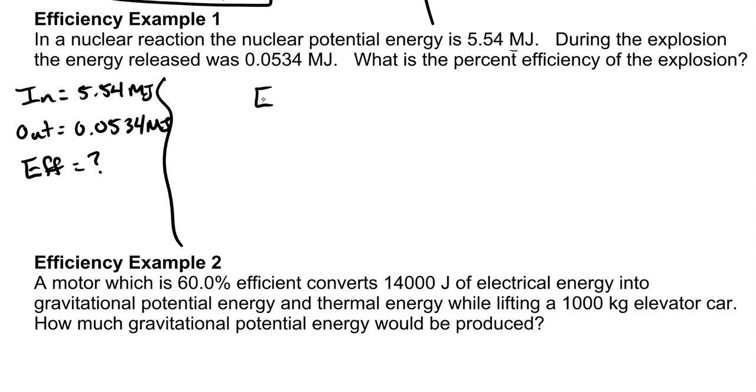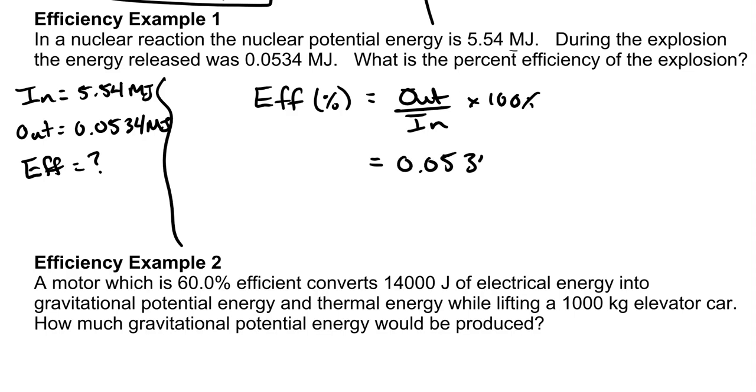So we use our typical equation. Percent efficiency equals useful out over in times 100%. So we know what our output is. Our output was 0.0534 megajoules.